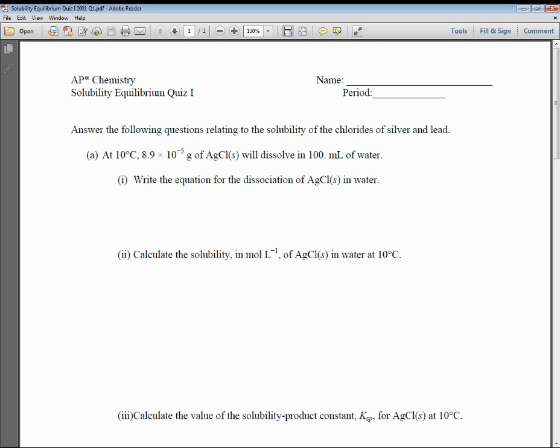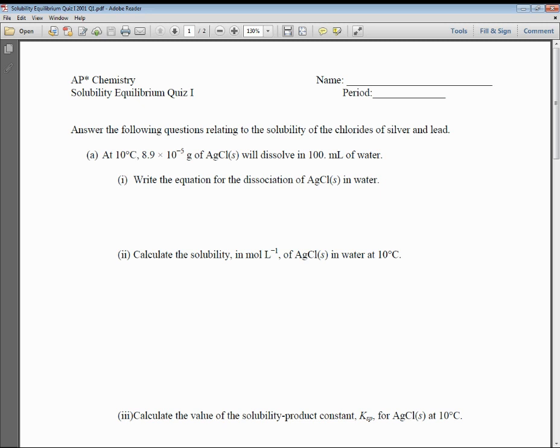So here's my ice chart that anytime I'm looking for solubility, as long as it's not with some common ion, these are zeros. One of them could be replaced with a nonzero value if it were a common ion. But there is nothing indicated here. It says in water. So it's not a common ion. Those are both zeros, plus X plus X.